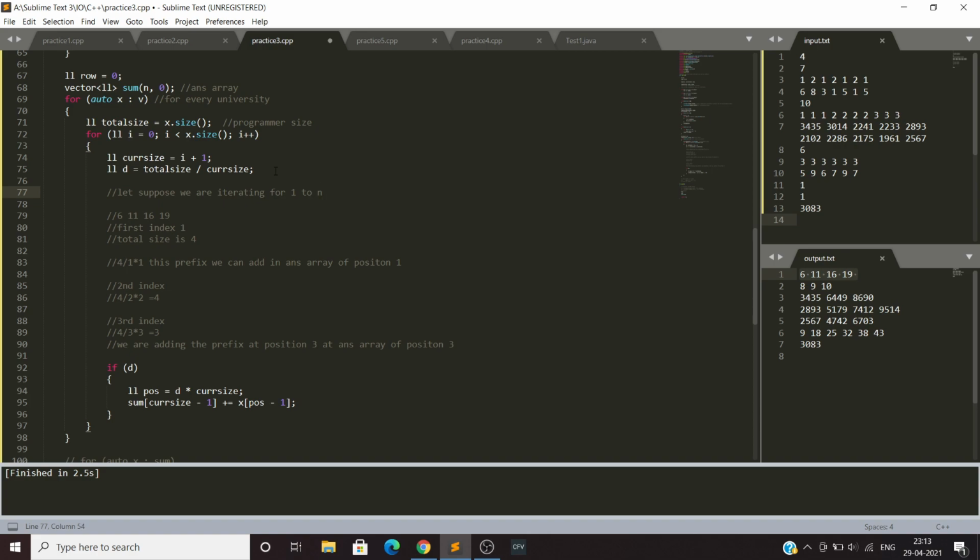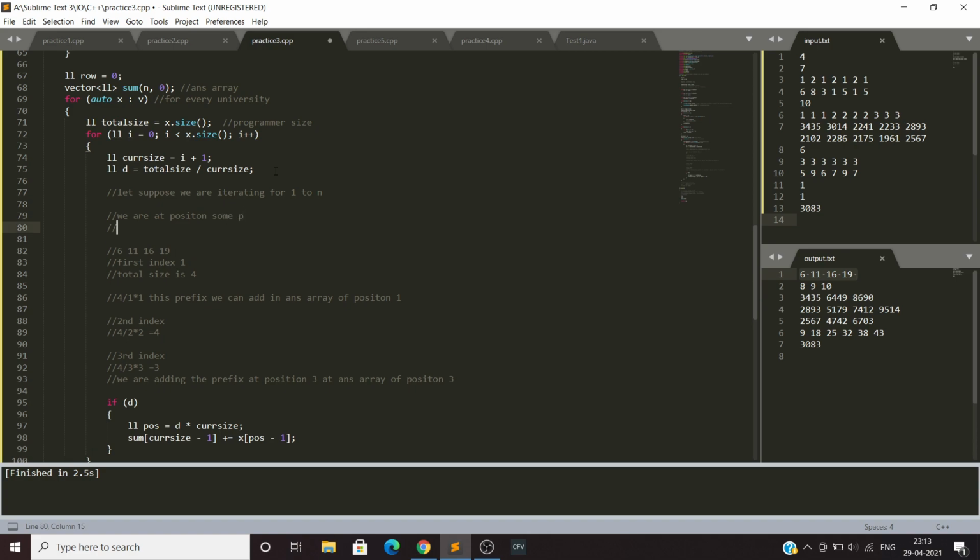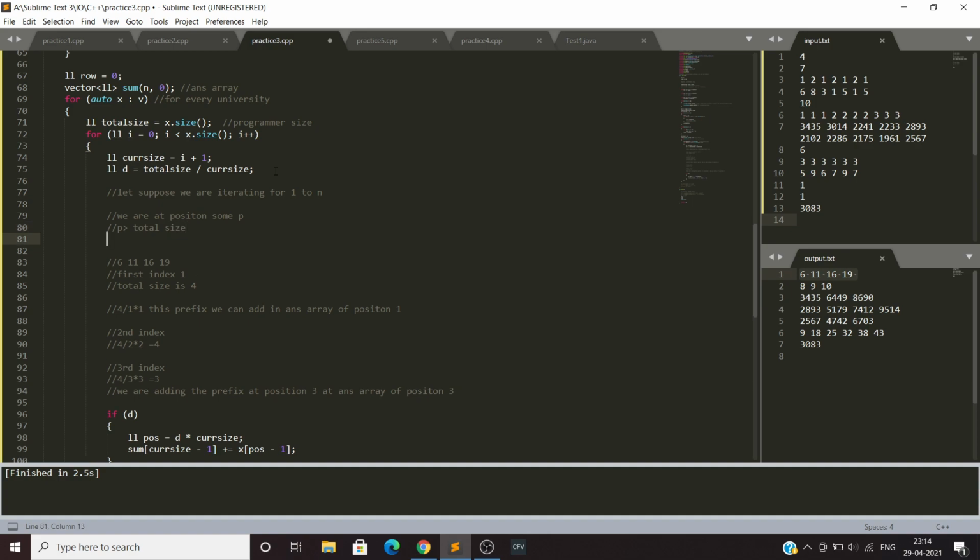Let's suppose you are iterating from 1 to n, and we are at some position p, and p is greater than the total size. There is no point in going to that position, because after that the d value will be 0, so we are adding nothing to the answer.